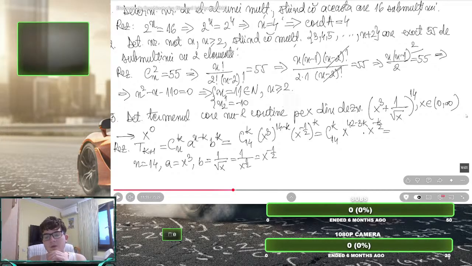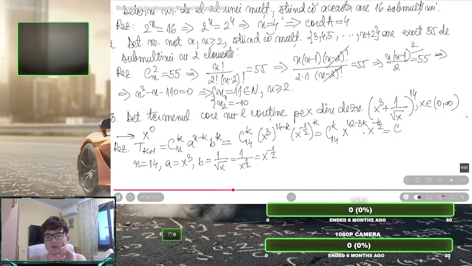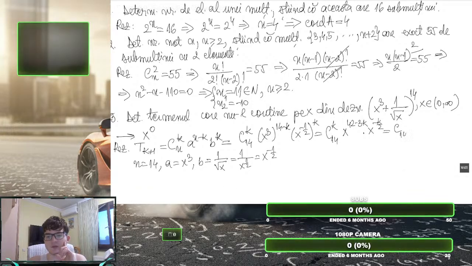And now we have the x powers like that. So what I need to do is just add them, because this is a property like that. So see right there, the powers of x like that, and there's going to be minus k divided by 2. And now the power, we equalize that with 0.